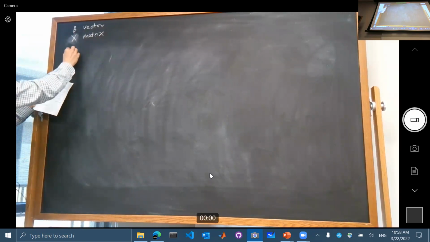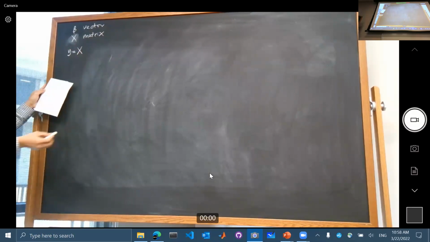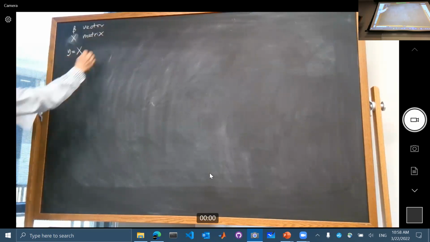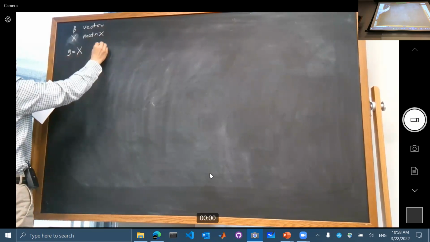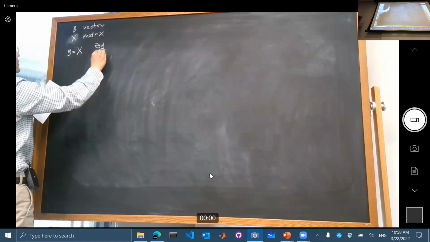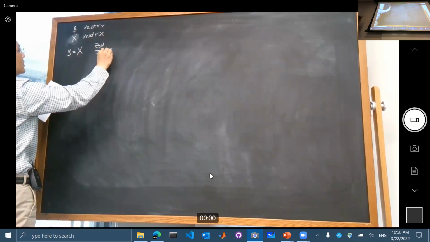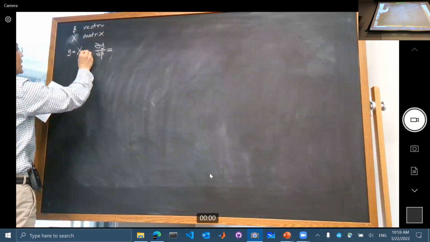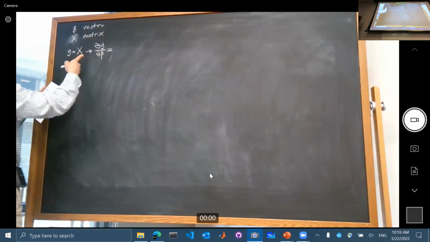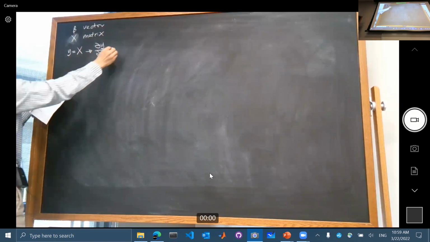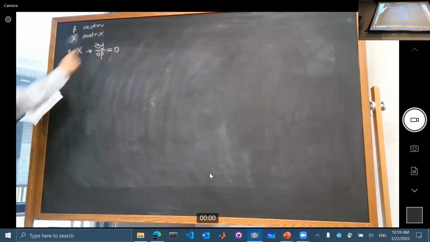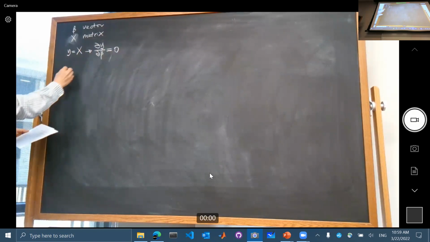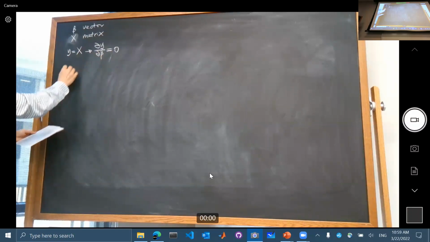If you have a function and y is x, then there's no relationship between y and beta. Then the derivative of y with respect to beta will give you 0 here. The y is not dependent on beta.